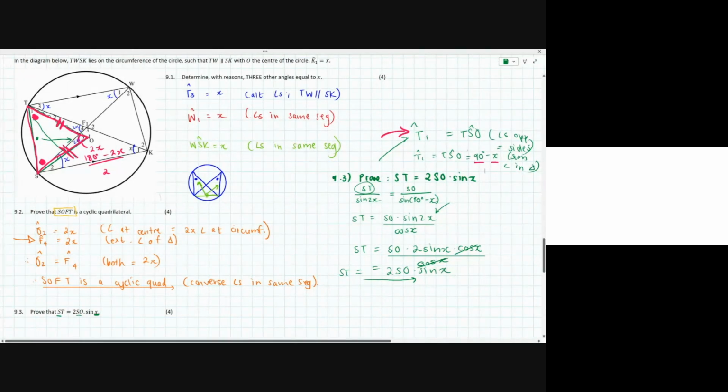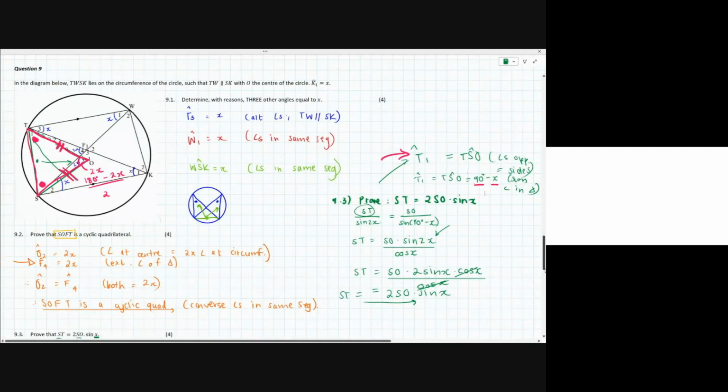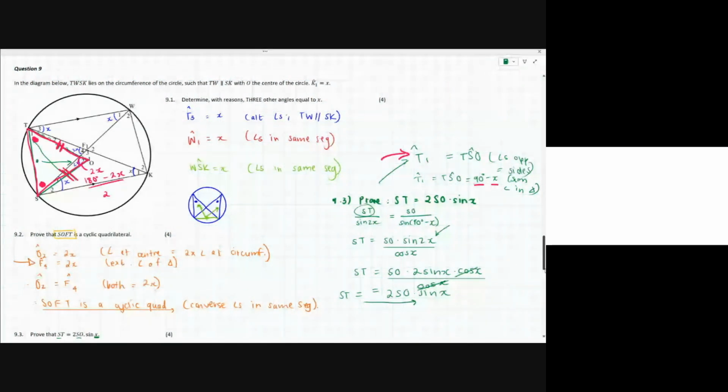Right, if it doesn't make sense, just let me know. I'm just going to do this for you guys to take screenshots. I have just rewritten 9.3. Okay, so just let me know if that all made sense.